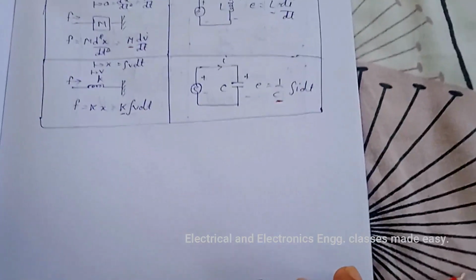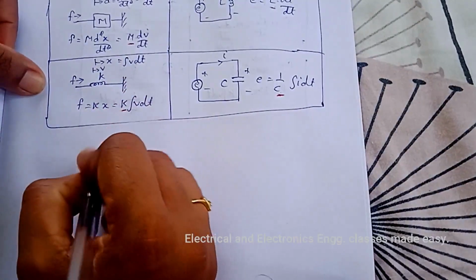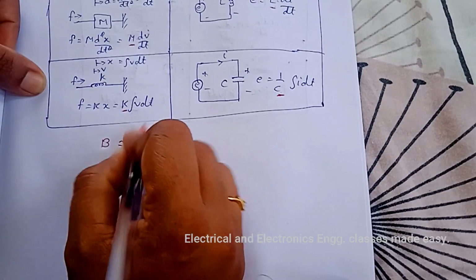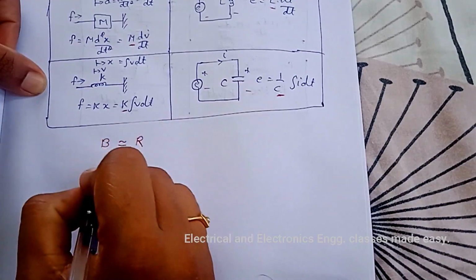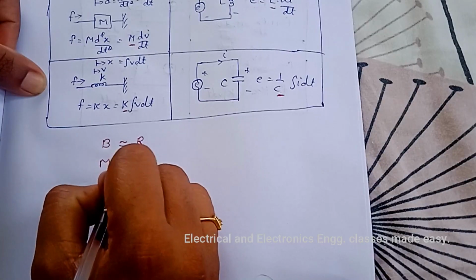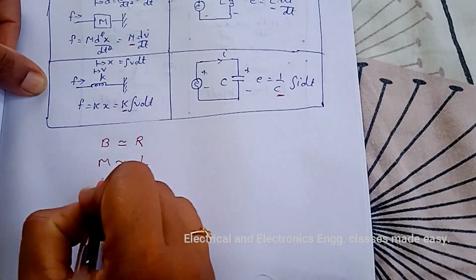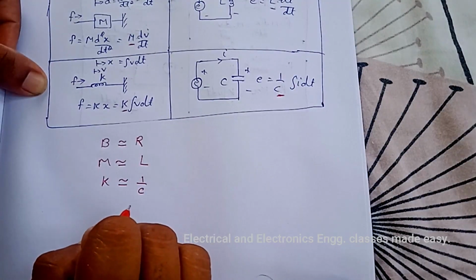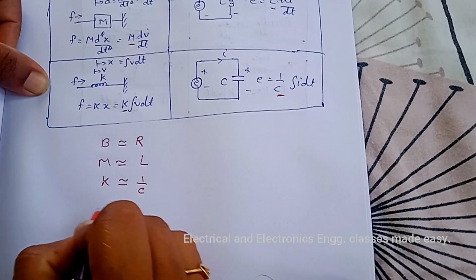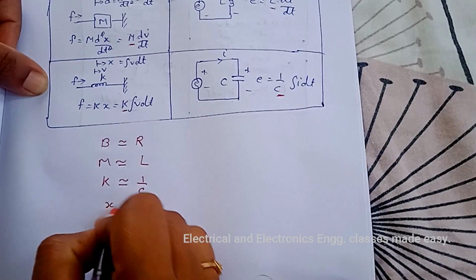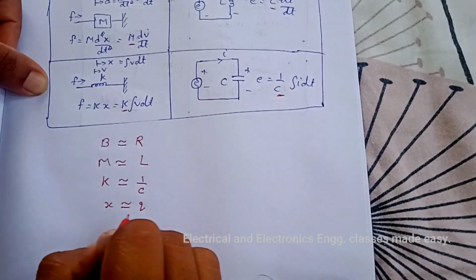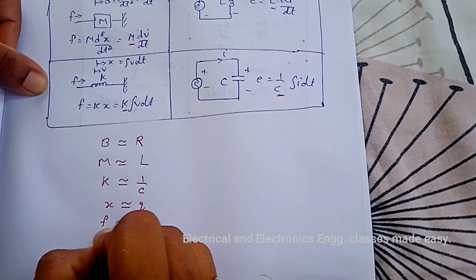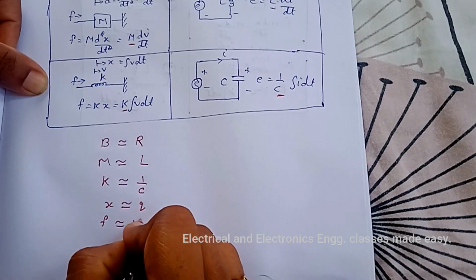So we can write, B is analogous to resistance R. M is analogous to inductance L. Then K is analogous to 1 by C. And X is analogous to Q. Then force F is analogous to voltage source.